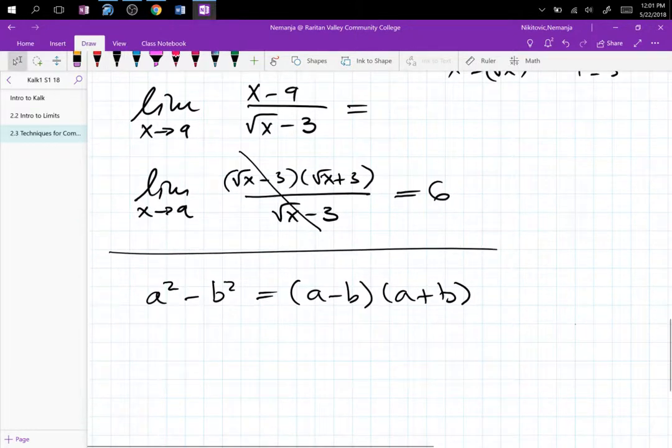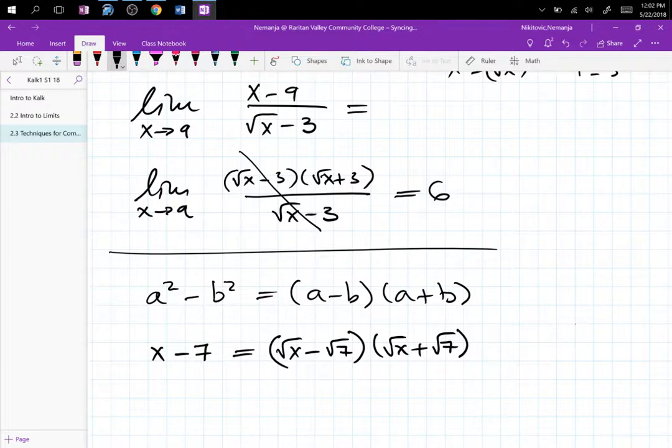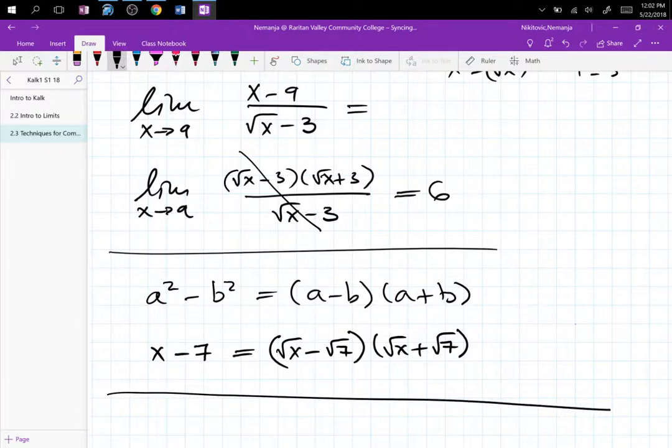And if I have x minus something that's not a perfect square, so x minus 7, all I have is root x minus root 7 times root x plus root 7. And there you go, factor. Yeah, you have square roots all over the place, but such is life. Deal with it. So certain problems you guys will have to rationalize.